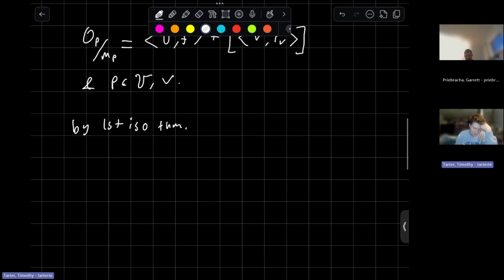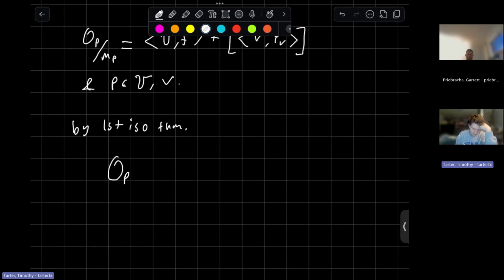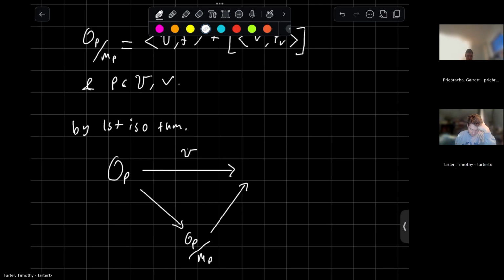Or the way I kind of wanted to go with this is the first isomorphism theorem. We have this thing going into something, and then we have this equivalent thing going like so. And the thrust of it is that if this is psi, we have that the kernel of psi is exactly equal to M_P.